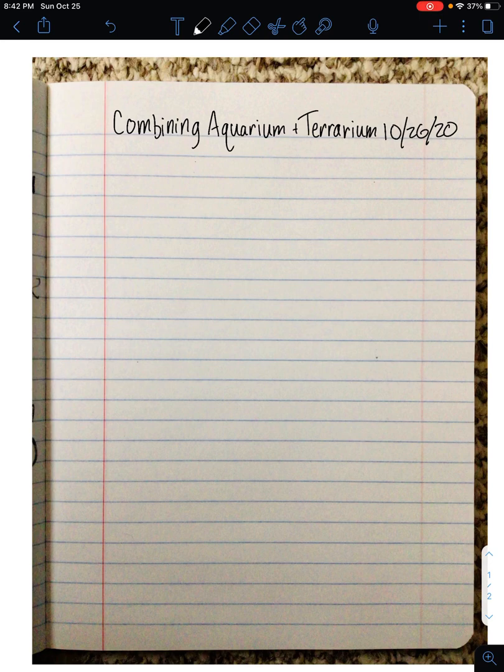Once you have your science notebook page dated and titled, follow along with what I write and with how I outline the drawing that we will do for our observation today. First, we are going to draw the outline for our observation drawing. Now that our ecosystem is much taller than it used to be, we are going to use the entire side of the page to complete our drawing. On the right-hand side, I'm first going to draw the terrarium that sits on top.